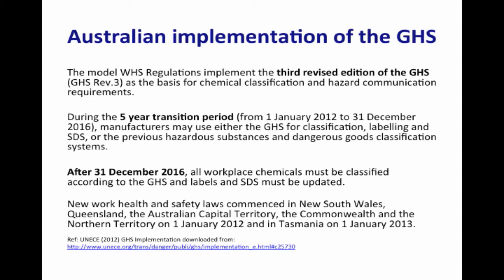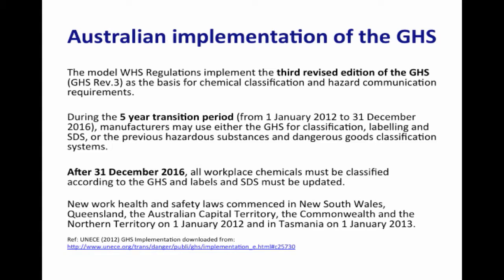Under the new Australian Model Work Health and Safety Regulations, the third revised edition of the globally harmonised system as the basis for chemical classification and hazard communication requirements has been implemented.